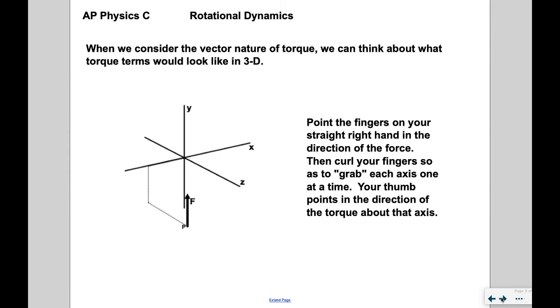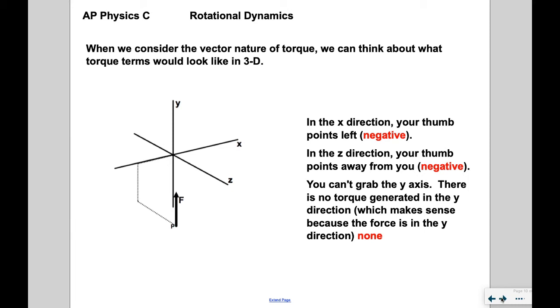My thumb will point in the direction of the torque about that axis. So when I reach into the screen and grab the x-axis, my thumb points to the left, which indicates that in the x direction, this force generates a negative torque.